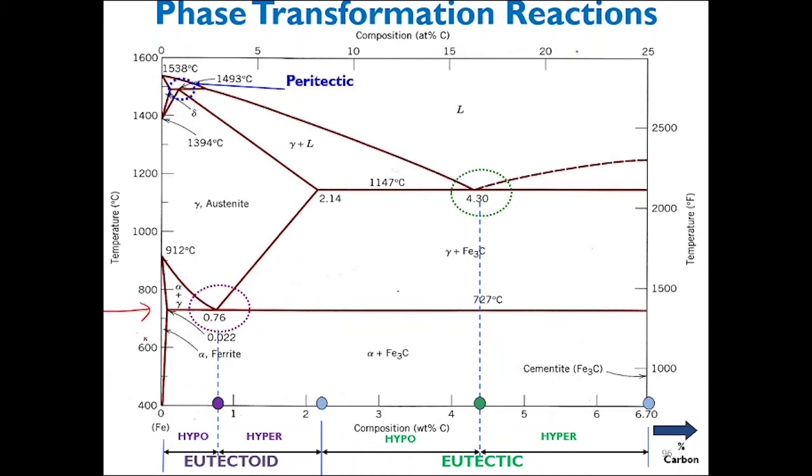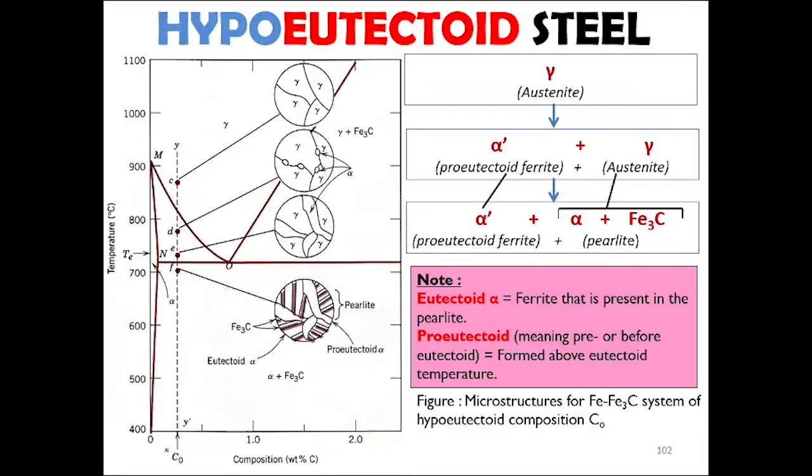Below 727 degrees Celsius with carbon composition less than 0.76 weight percent, we will find hypoeutectoid microstructure. We take an example at this composition.